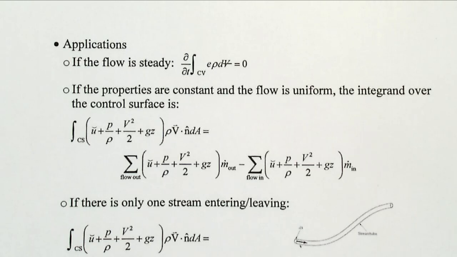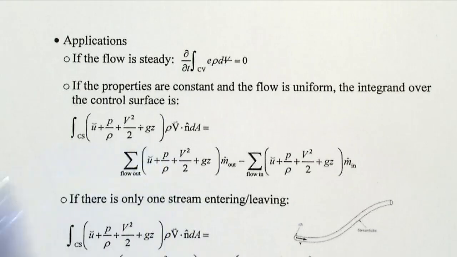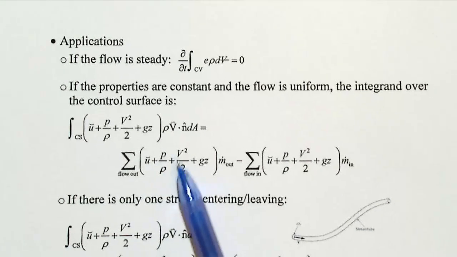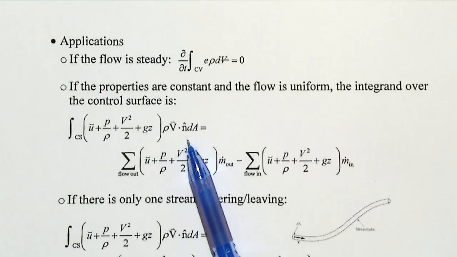If the flow is uniform and rho is constant, then all these are constants coming out. Then I bring this stuff out here, and the integral is going to be your m dot.